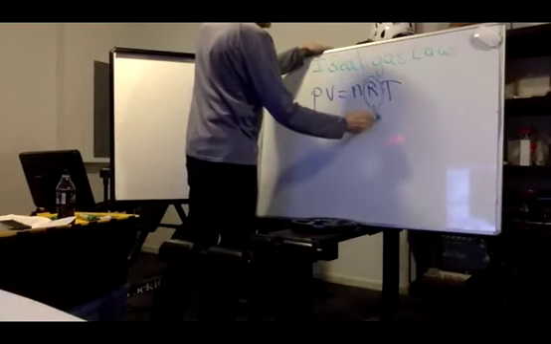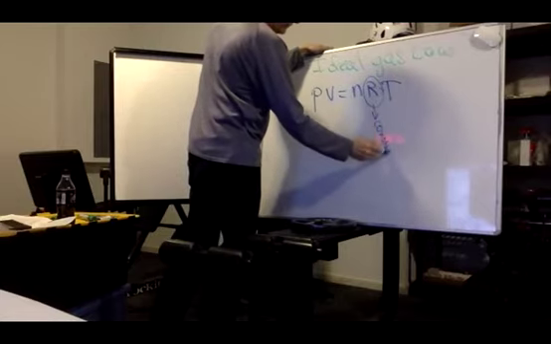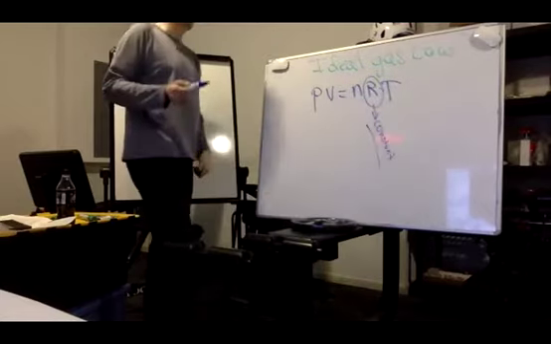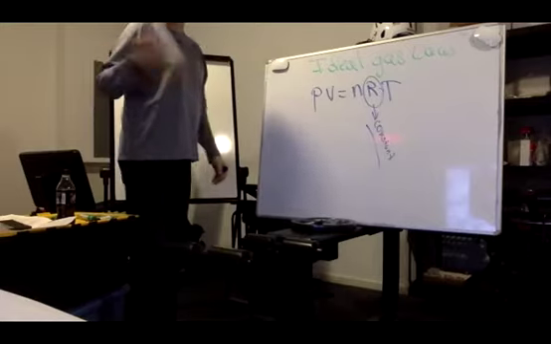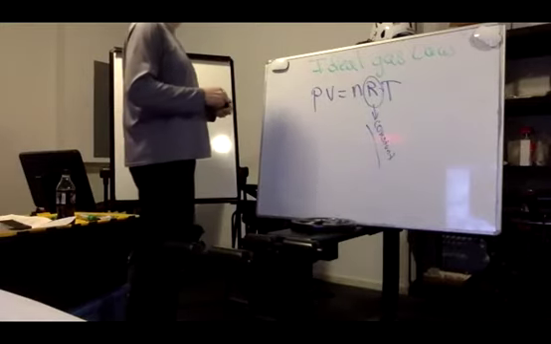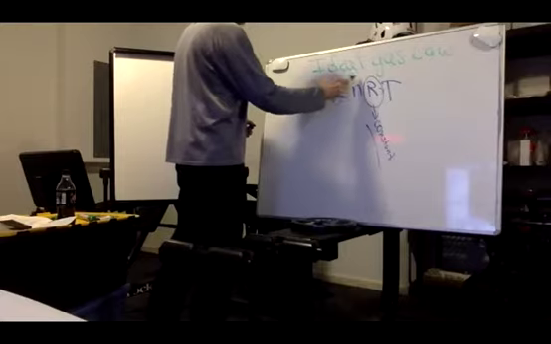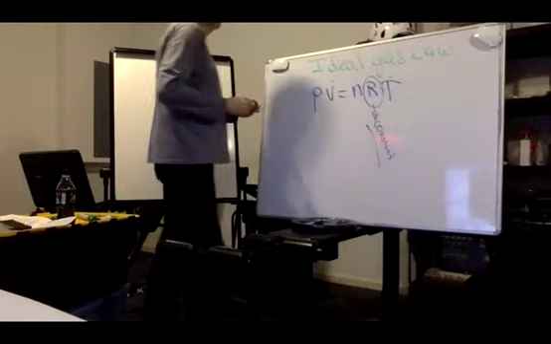And this one is a constant. So each box will always be filled with the number for R, which is 0.0821. And we're either solving for pressure, volume, moles, or temperature, respectively.